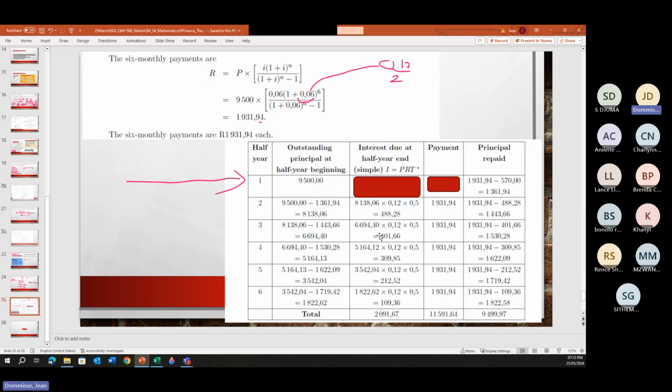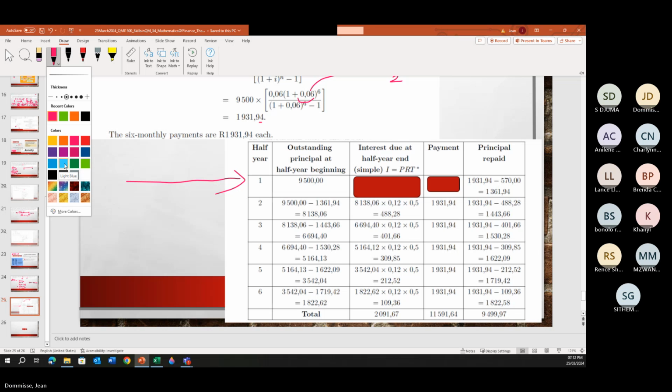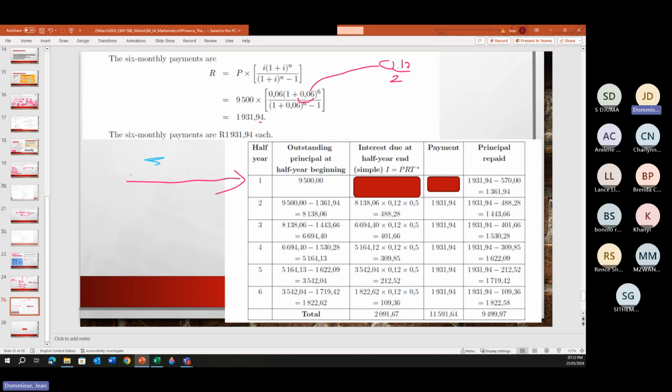Okay, so when we look at this, the repayments that we did, and I want to draw now again, let's just use a different color that will be clear enough for you to see.